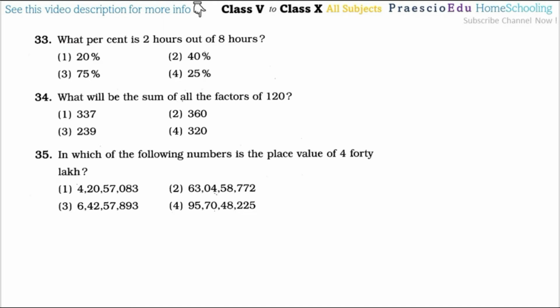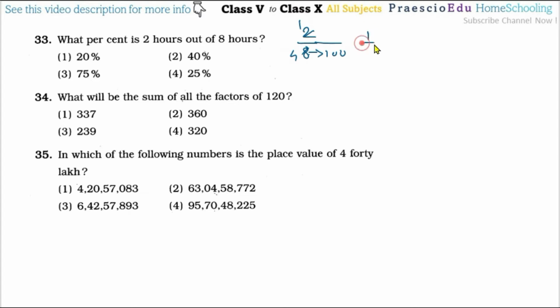Then question number 33, what percentage is 2 hours out of 8 hours? So 2 hours out of 8 hours, that percentage we have to find out. So the easiest way is that the denominator should be converted to 100. We can just take out the 2 common, so 2 ones are 2 and 2 fours are 8.